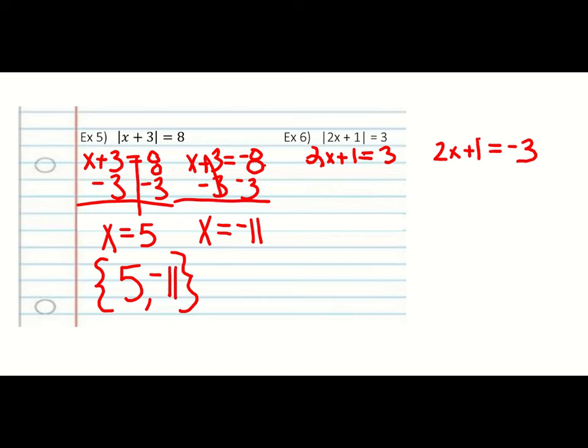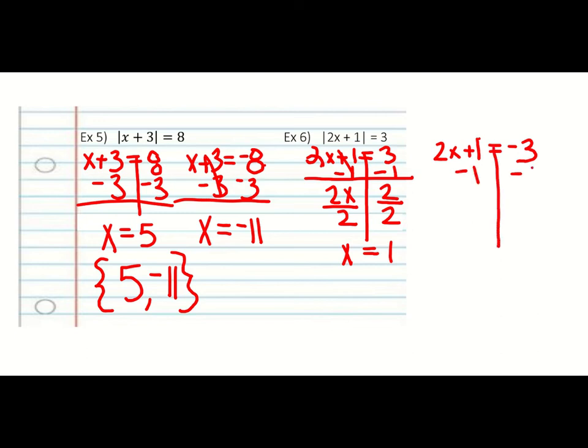So if we solve each equation for x, we're going to subtract 1. So 2x is equal to 2. And then divide by 2. So the first one tells us x is 1. For the second equation, we're subtracting 1.